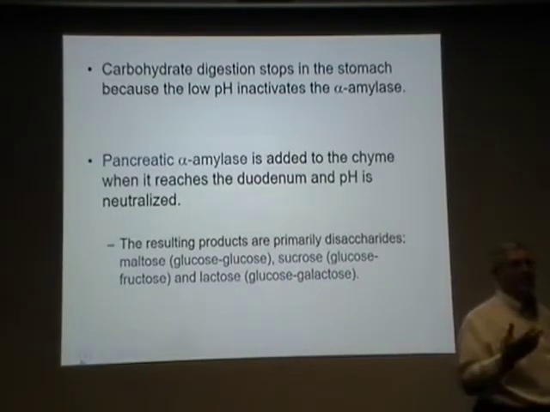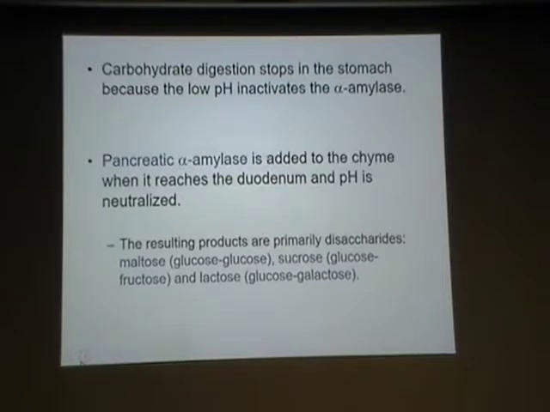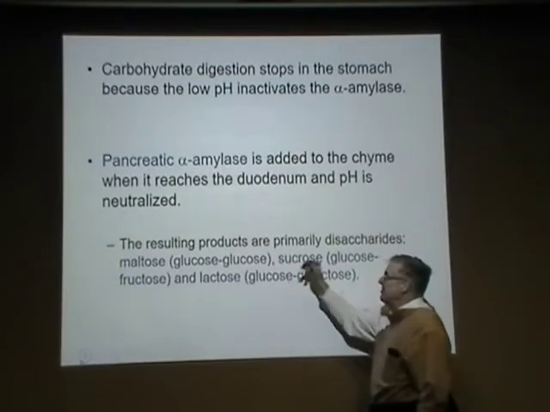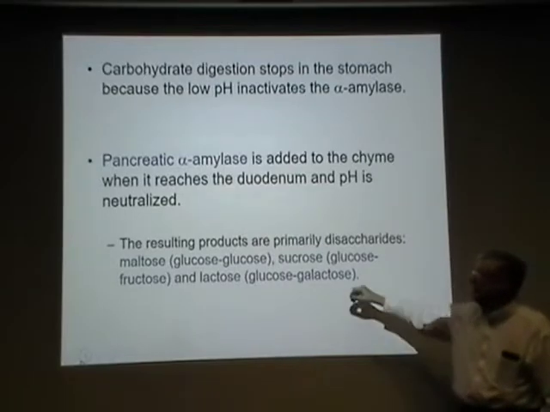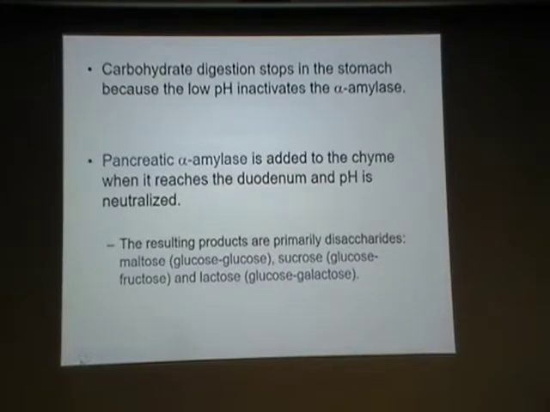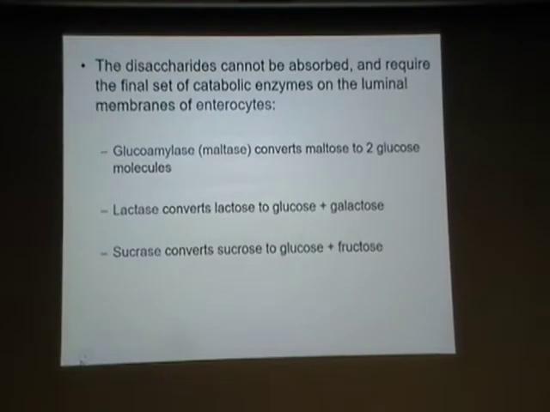And of those three, the predominant one we get is what? Maltose, because 80% of our sugars are glucose. So maltose is glucose-glucose, sucrose is glucose-fructose, and lactose is glucose-galactose.